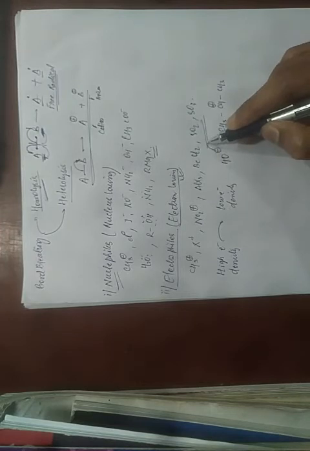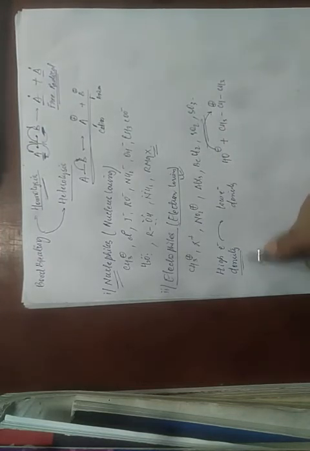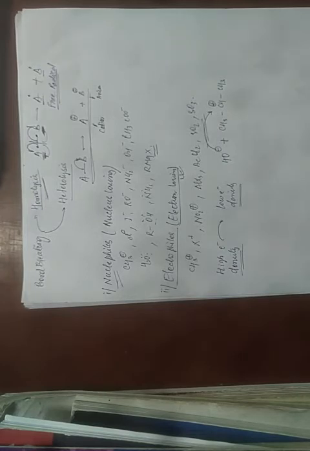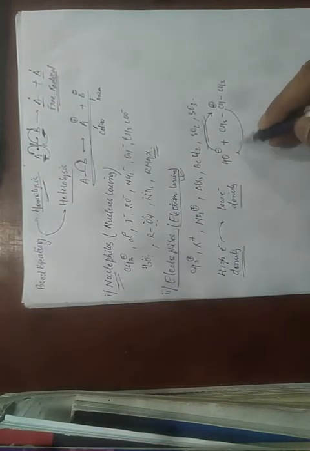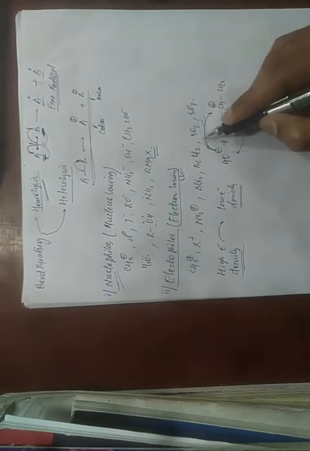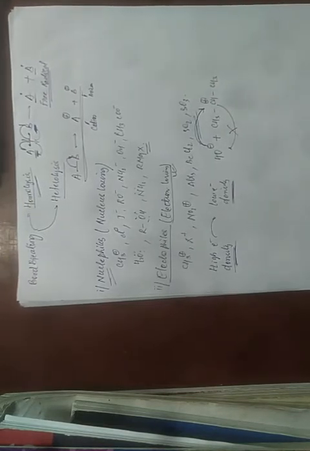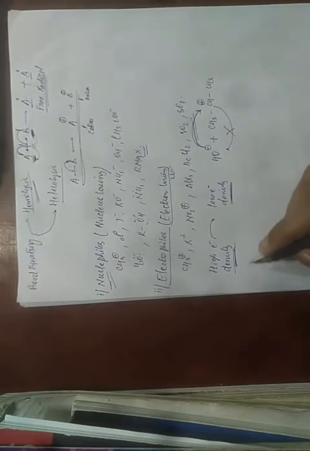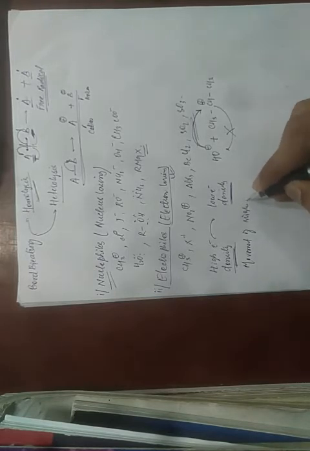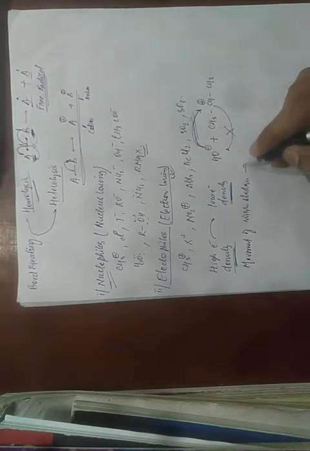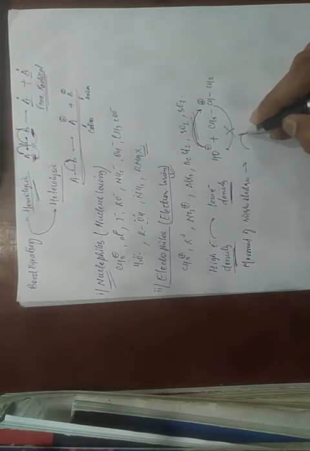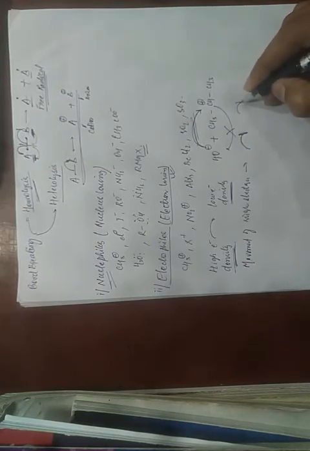So electrons will always move from higher electron density to lower electron density. It will not be like this, suppose from here to here, this is wrong. Always remember that electrons will always jump from higher electron density to lower electron density. And one more thing, if there is movement of a single electron, then we denote this with a half arrow, which is called a fish hook arrow. So we will denote it like this.